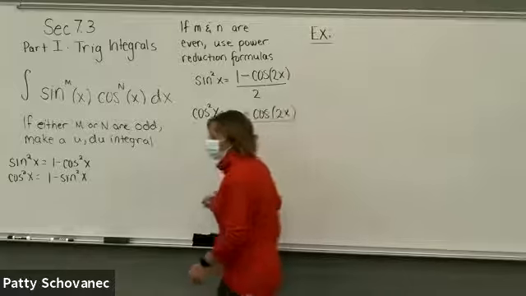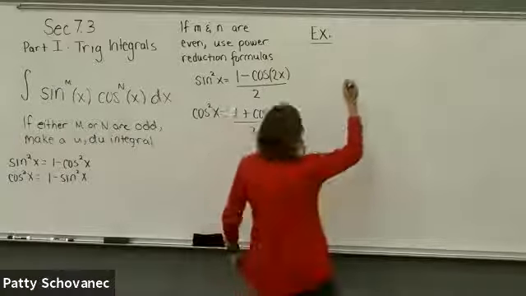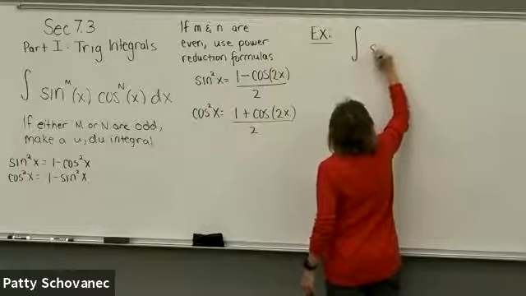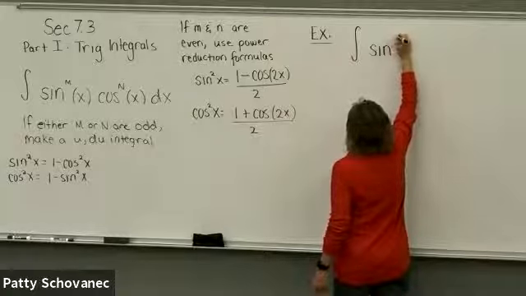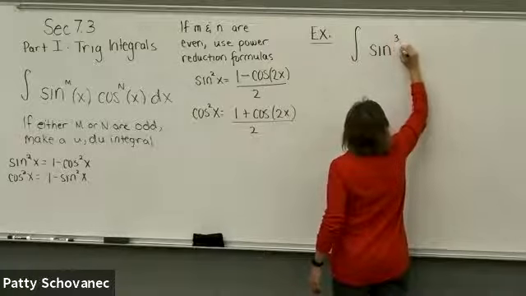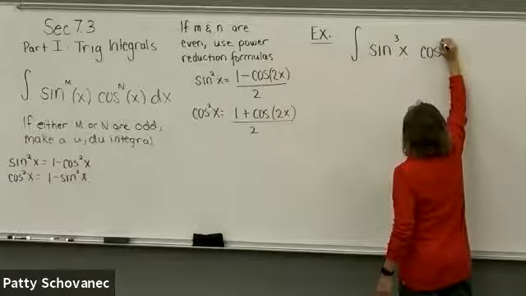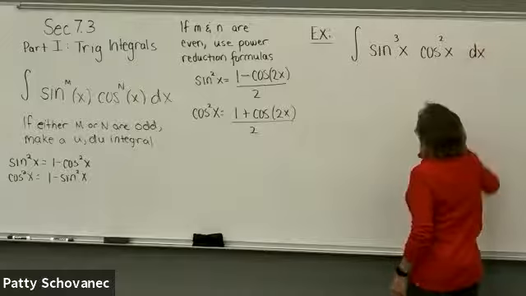Let's do one of each type. Let's integrate sine cubed of x times the cosine squared of x dx.